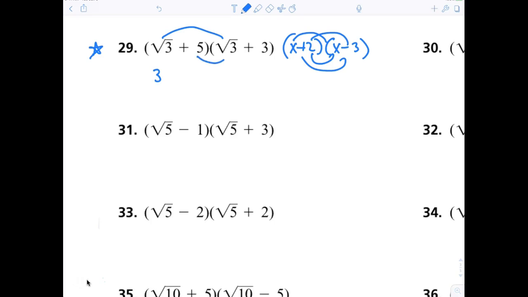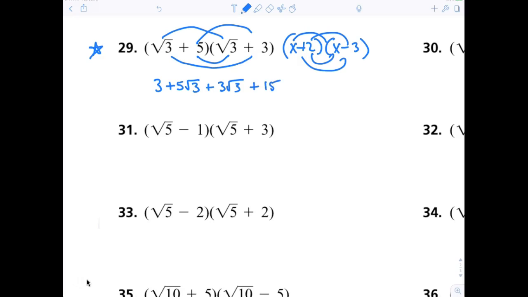Then, what's this? No. 5 radical 3. Thank you. Then what's this? Who said that? Good job. And then what? Plus 15. Come on.